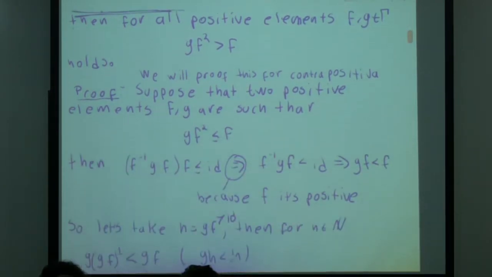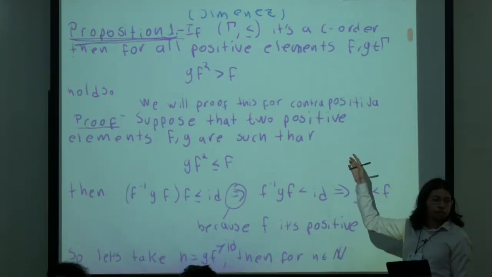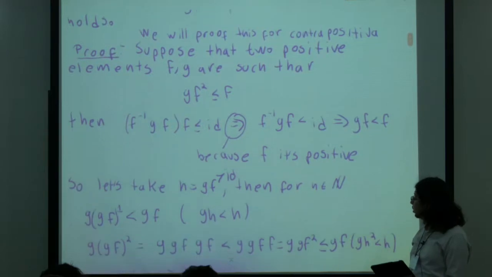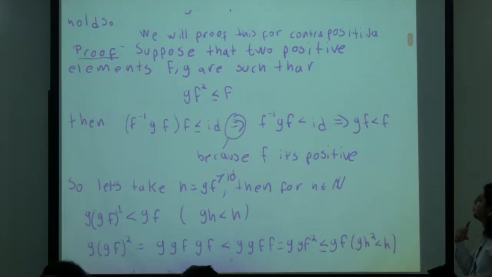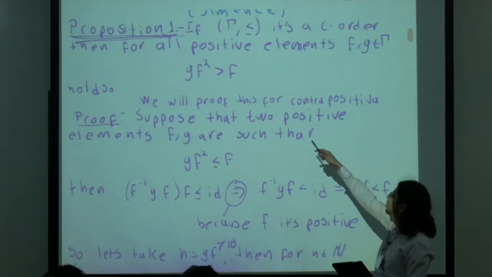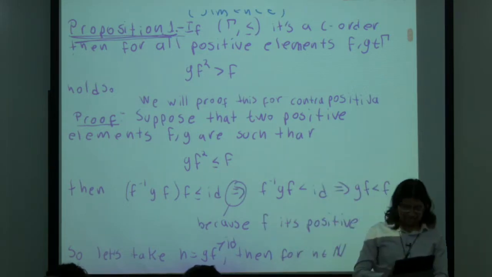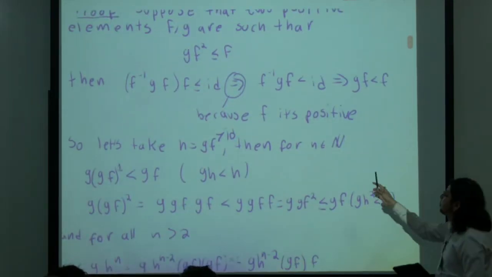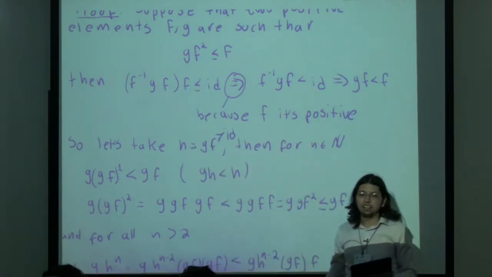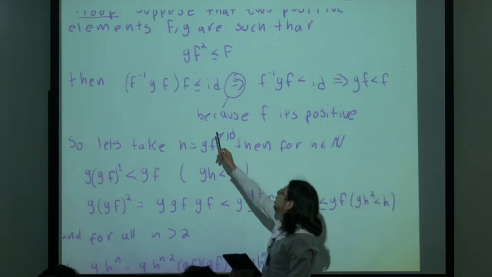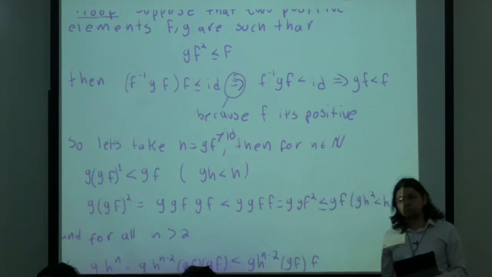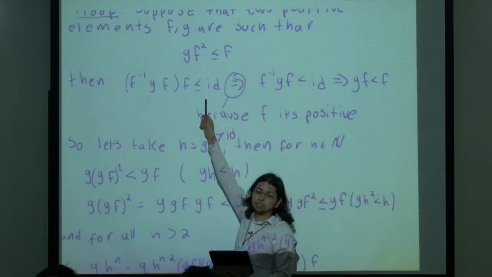I will give a proof with an idea of Jimenez, a student of Andres, and it's a very beautiful idea. Let's suppose that there are two positive elements that don't satisfy this inequality. So this must happen, right? We can change that inequality to this because of the left invariance, and because this is not a positive element, since the positive elements form a semigroup, but it's less than or equal to the identity.